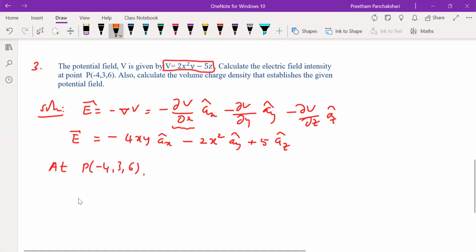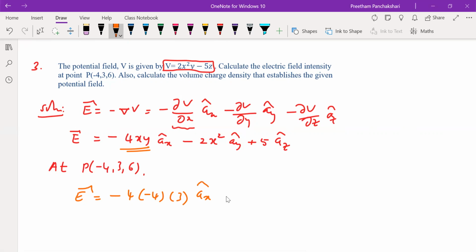So at this particular point, we shall find E. In place of X, we have to write minus 4, and in place of Y, we shall put 3. Minus 2 X square is minus 4 square AY, plus 5 AZ cap.